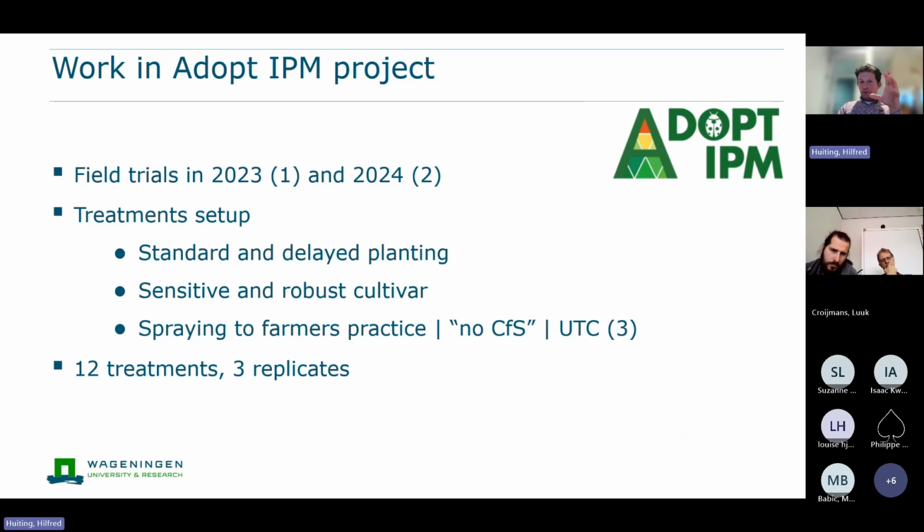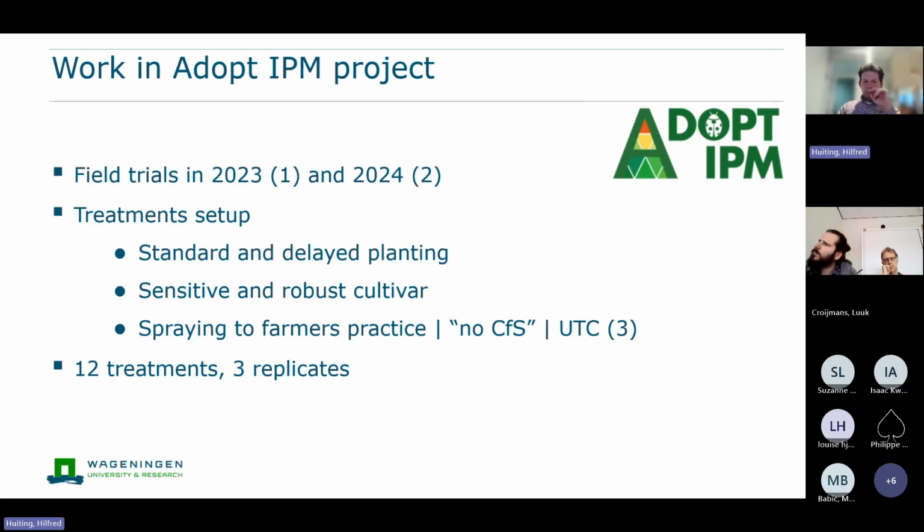So I'm showing first some data of the trials that we did within the project. We did one trial in 2023 and two trials in 2024, in which we compared two planting dates. So let's say a standard date and a delayed planting date, because delayed planting has a reducing impact on thrips damage, is the assumption.